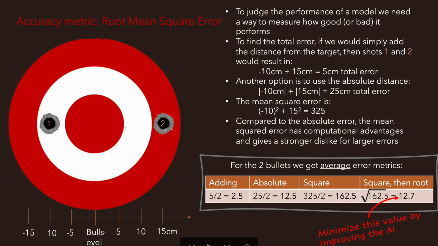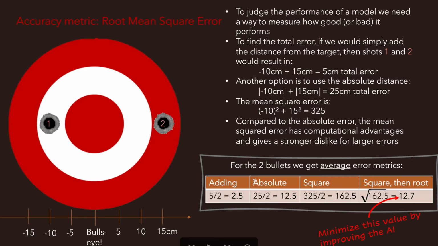So if I just add them up and take the average of the error, I have minus 10 plus 15 centimeters. So I'm ending with 5 centimeters divided by 2, and that's only 2.5. That's certainly not very telling about the errors we're seeing here. So we need to do something about these negative signs.